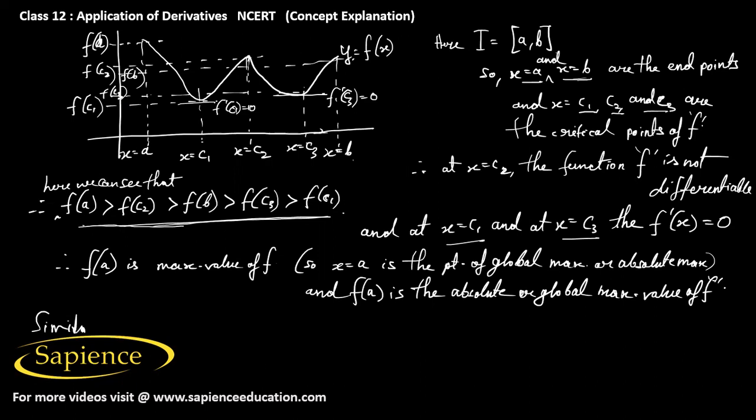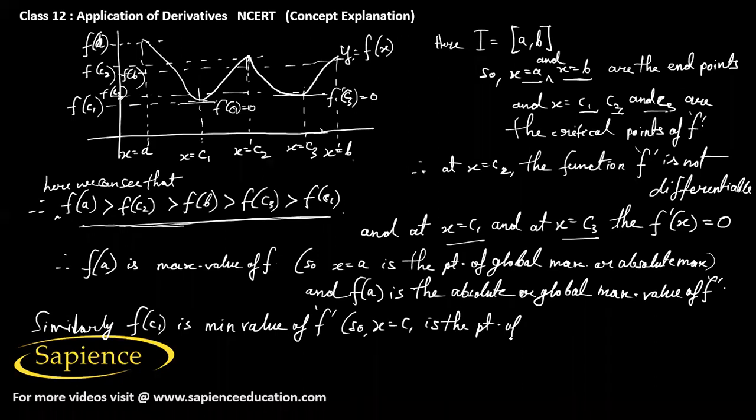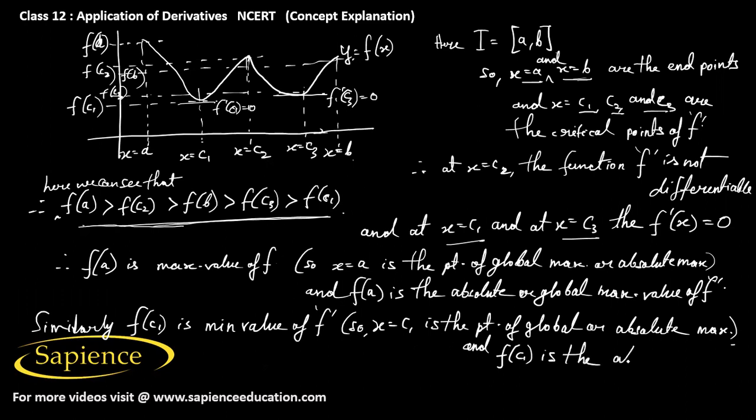So f of c1 is the minimum value of the function f, and x equal to c1 is the point of global or absolute minimum of the function f, and f of c1 is the absolute or global minimum value of the function f.